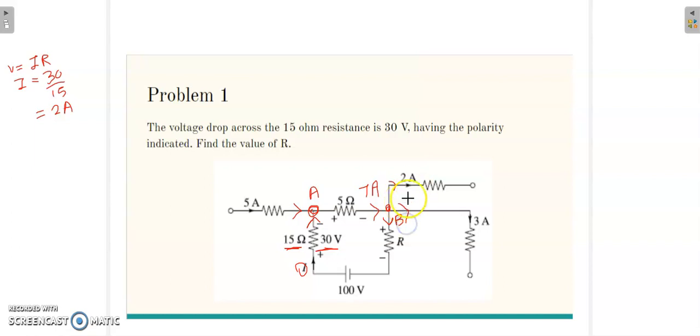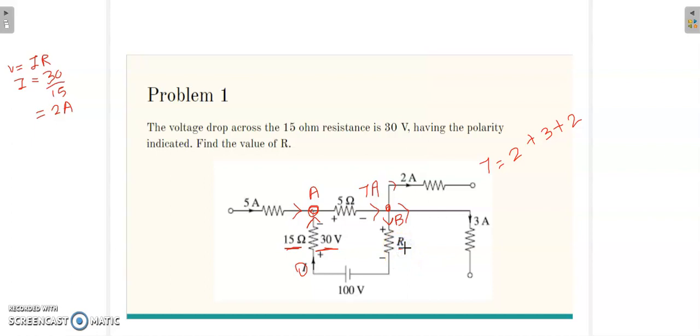If I apply KCL at node B, I can simply say that incoming current 7 is equal to outgoing current 2 plus outgoing current 3 plus this current 2. So my KCL is getting satisfied everywhere. You can see that.